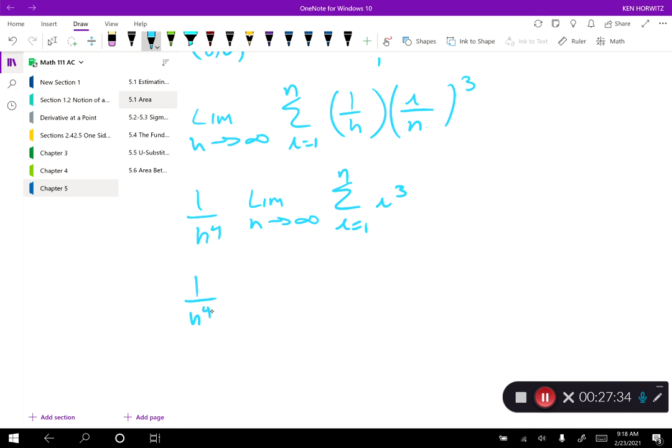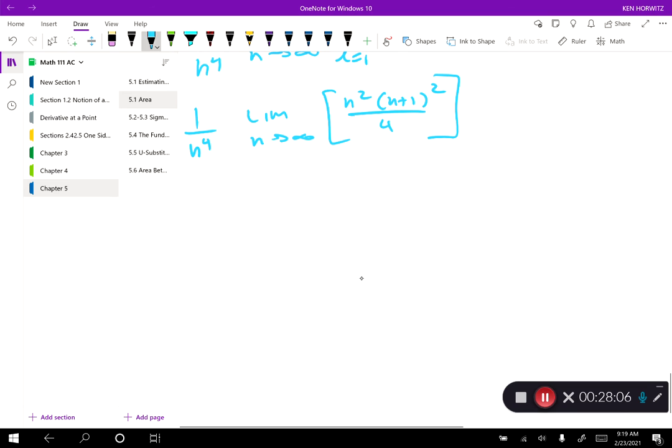Now I want to apply the formula, so I have the limit as n approaches infinity of n squared times (n plus 1), the whole thing squared, over 4. Now we have to do some algebra, because the (n plus 1) squared can be multiplied out, and then you have to distribute your n. Let's do that real quick.